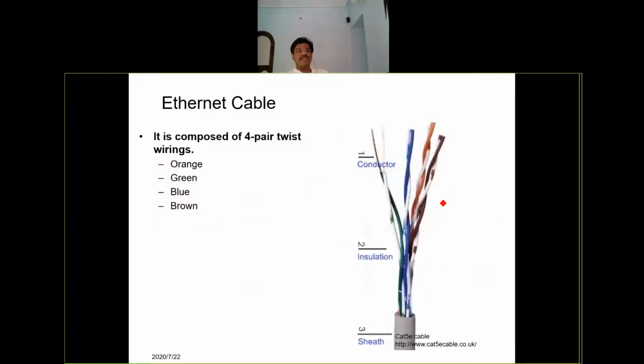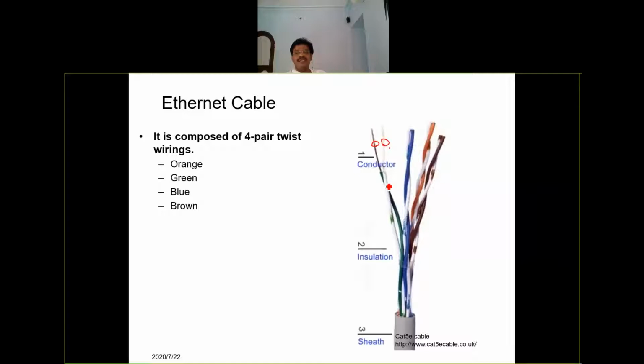See this Ethernet cable. It is composed of 4 pairs of twisted wiring. Twisted wiring means these conductors are twisted conductors. This is one conductor, this is another conductor, this is the third, this is the fourth. This is a conductive material supported with plastic encasing.